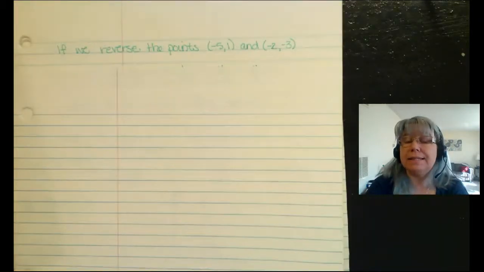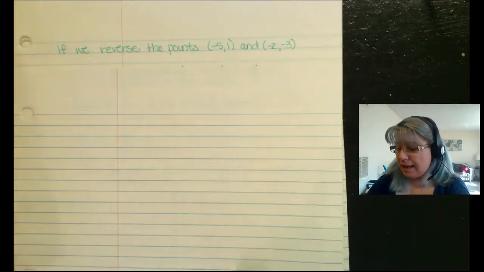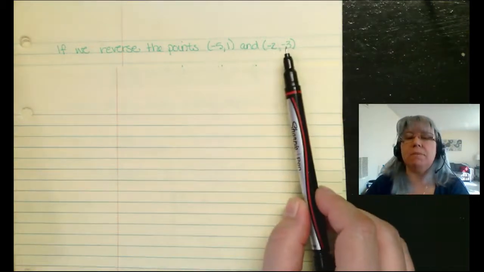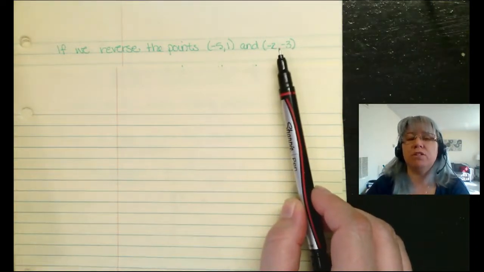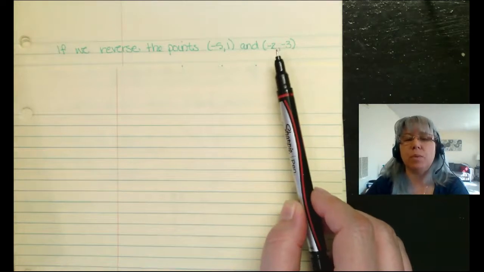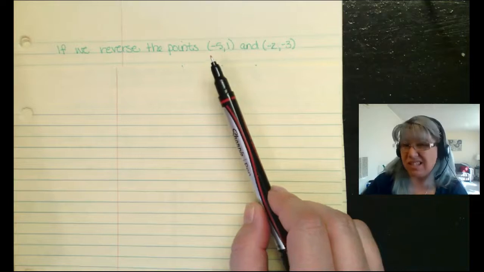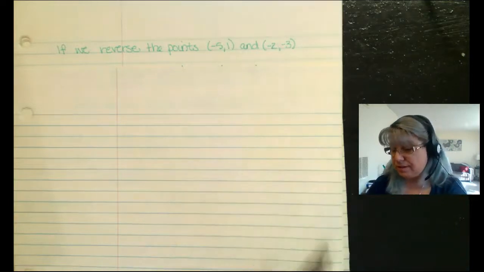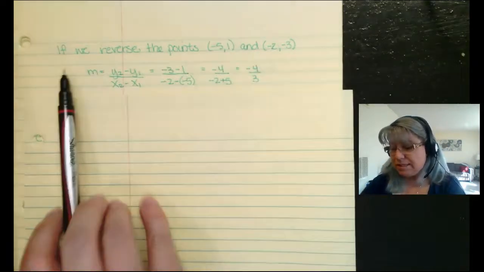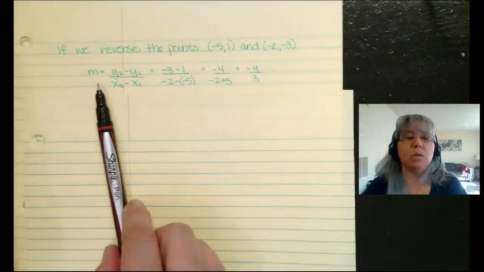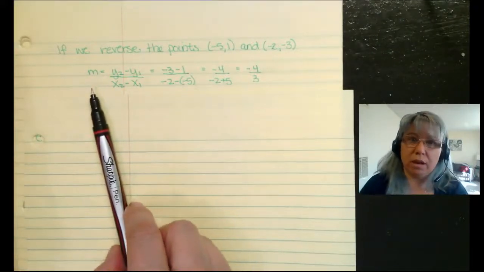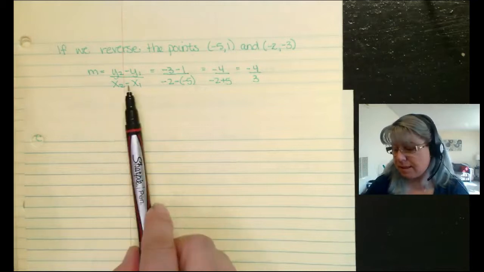You might be asking, does it matter the order in our points? Well, if instead of having -2, -3 be my first point, I'm going to have it be my second point. And -5, 1 will be my first point. So let's see, is there any difference? Well, same formula, m equals y2 minus y1 all over x2 minus x1.